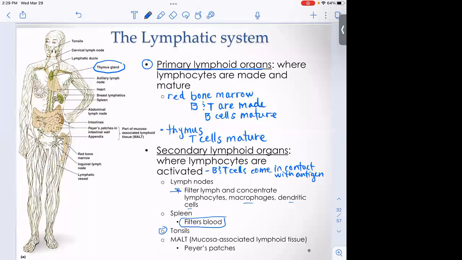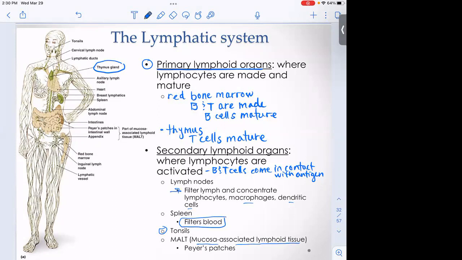And another kind of secondary lymphoid, we kind of call it an organ, is the MALT. That stands for mucosa associated lymphoid tissue. So this is basically tissue similar to lymph nodes, but it doesn't have this hard outer covering. I think the appendix is considered part of the MALT.